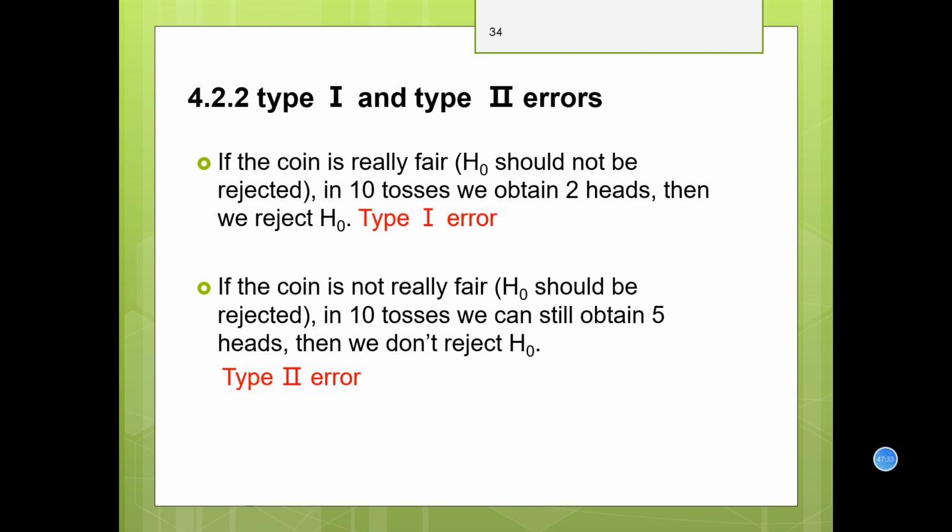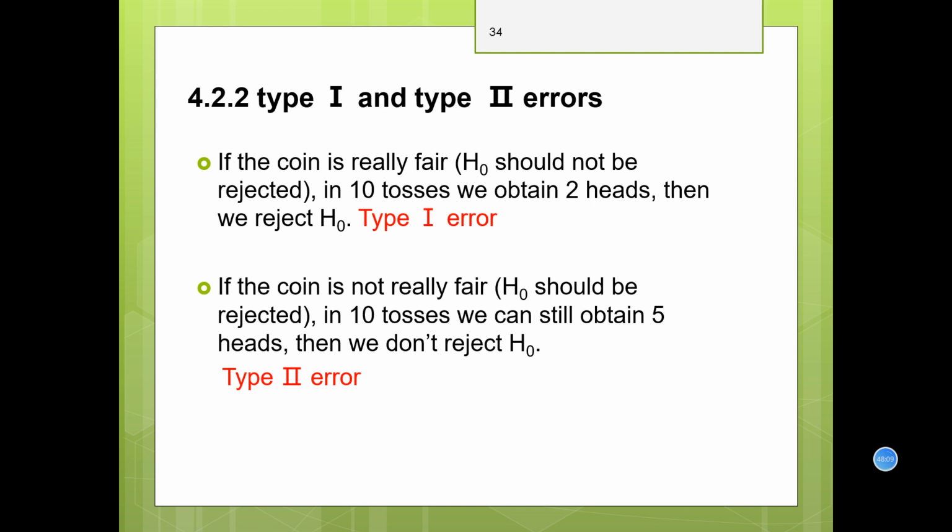These 2 errors are called type 1 error and type 2 error. So what's the meaning of type 1 and type 2 error? Please notice that the type 1 error occurs when an error is involved with a true H0. The type 2 error is involved when the H0 is false.